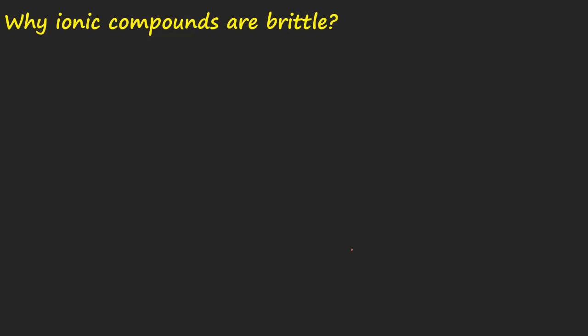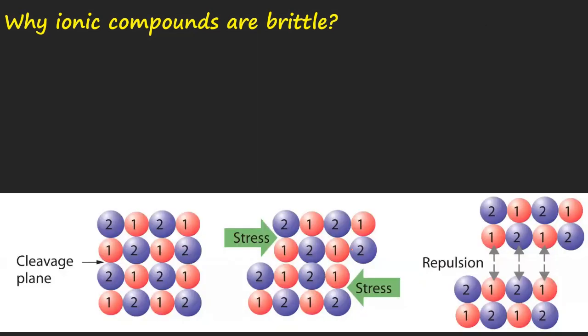That's called brittleness. So what happens is, let's say this is the original ionic compound, and let's say the red ones are positive and the blue ones are negative. All right, so initially they are like this. When you hit it with a hammer or apply stress or pressure, the top layers move. Now the same charges, let's say positive, come in front of positive and they repel each other.